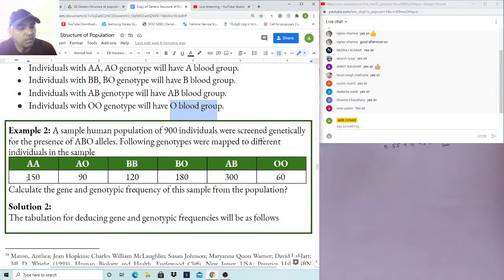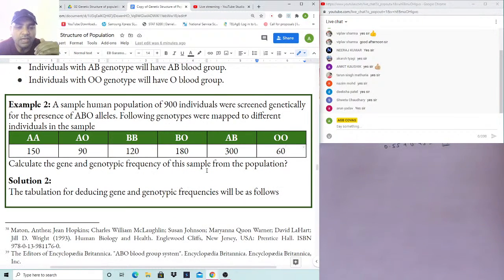In the sample of 900 individuals, it was found that 150 had AA genotype, 90 had AO genotype, 120 had BB genotype, 180 had BO genotype, AB was with 300 people, and OO genotype was with 60 people.